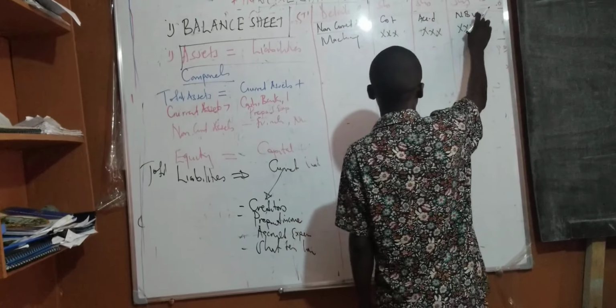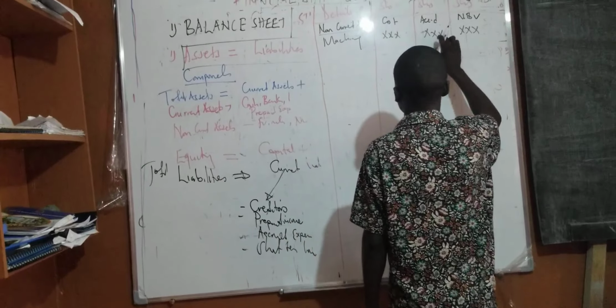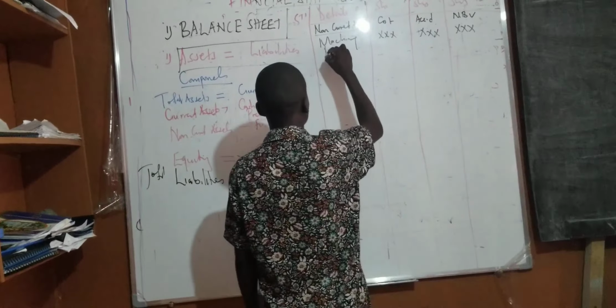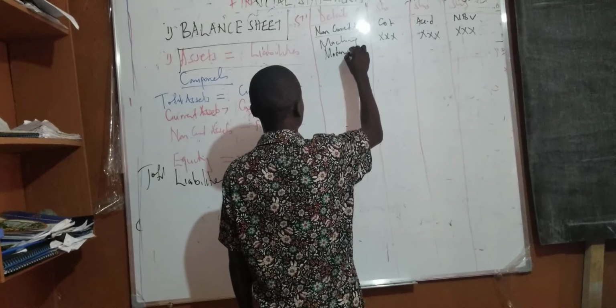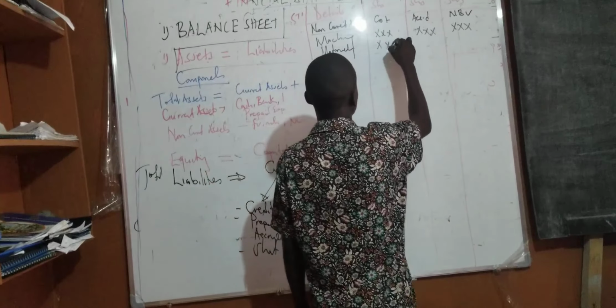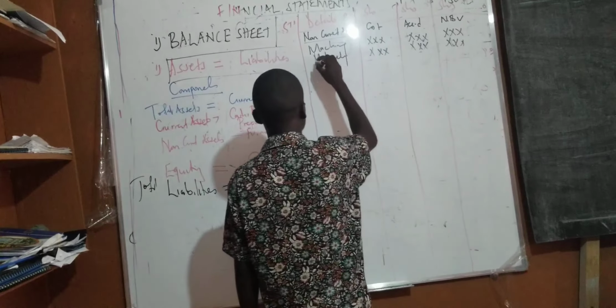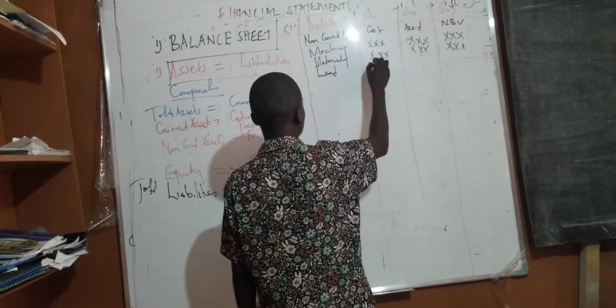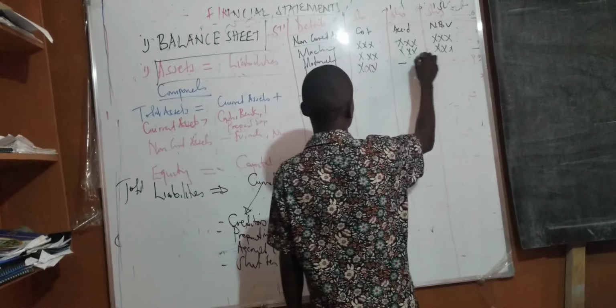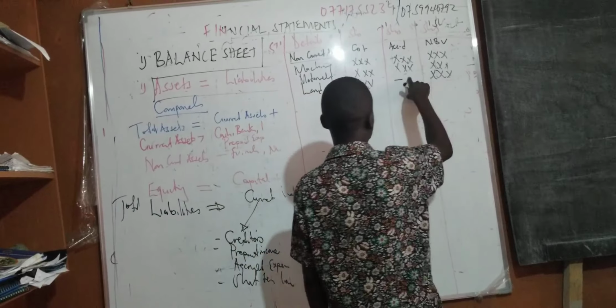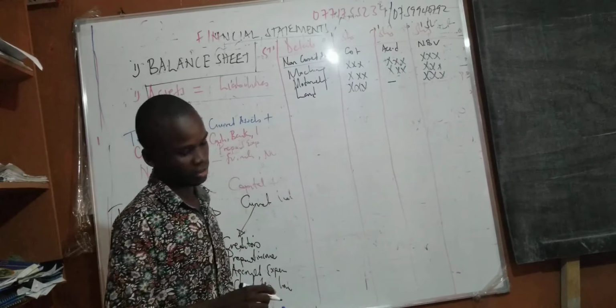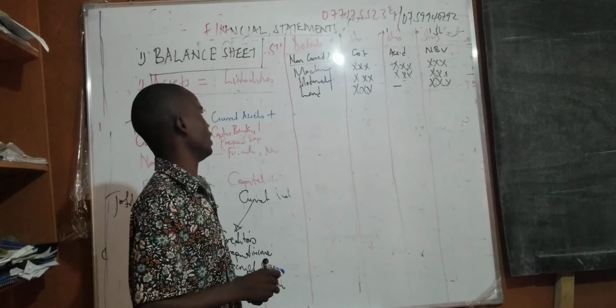The net book value equals cost minus accumulated depreciation. Motor vehicle, cost. You may have land. Why do I put a dash here? Land rarely depreciates.